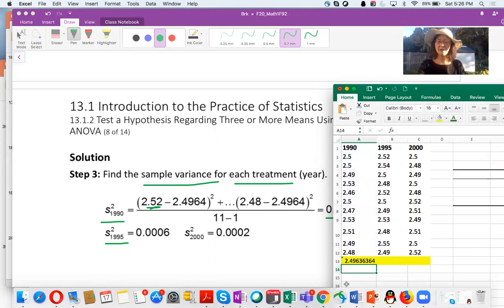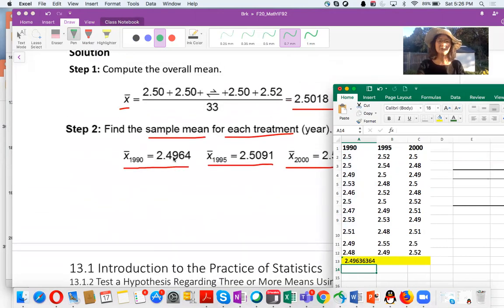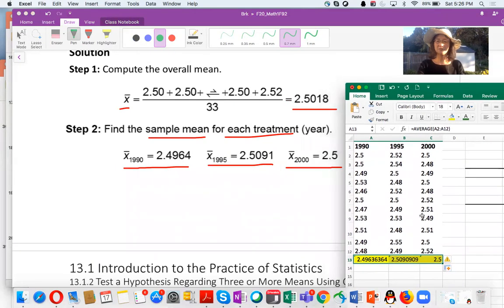You get 2.4964. And then you just use the fill handle to produce the average for the other 2. One is 2.5091 and the other is 2.5. So this is the average.